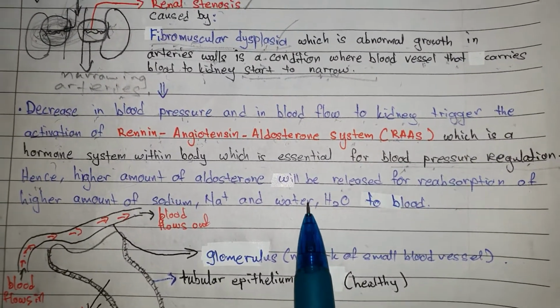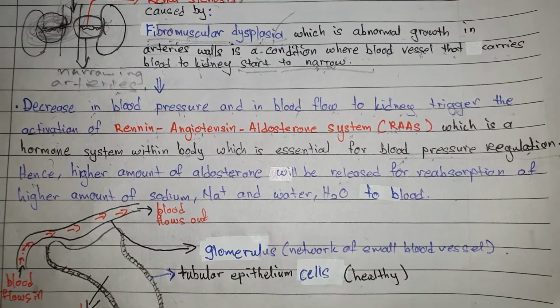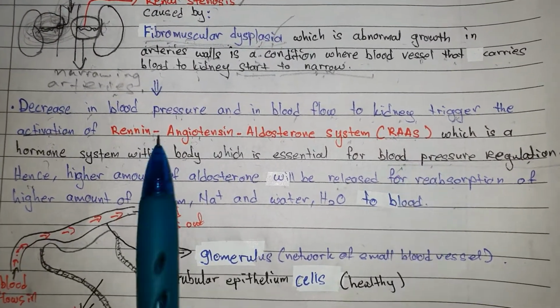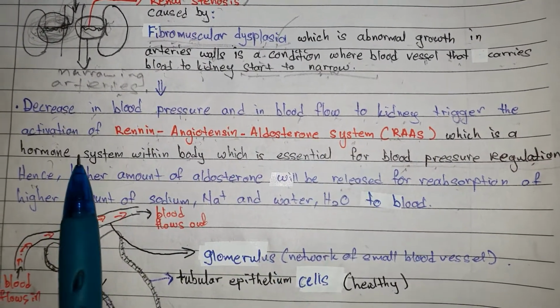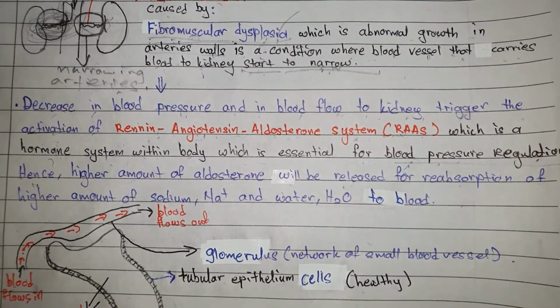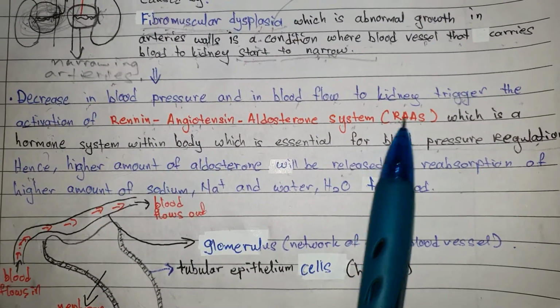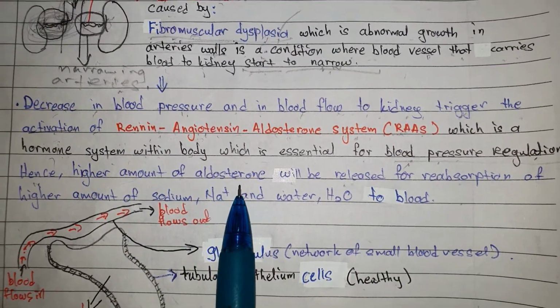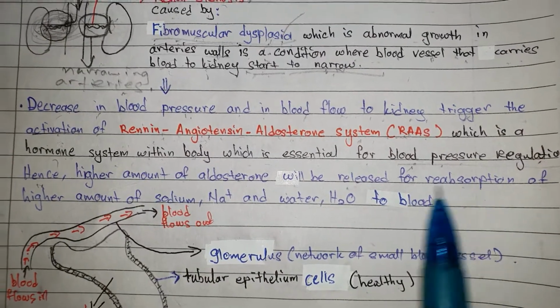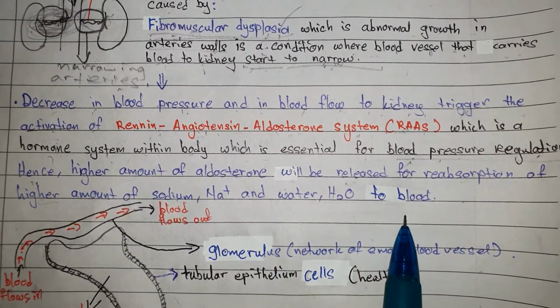In easy words, whenever there is a decrease in blood pressure to the kidney, the RAAS is activated to increase the blood pressure. Whenever RAAS is activated, a higher amount of aldosterone will be released for reabsorption of a higher amount of sodium and also water into the blood.